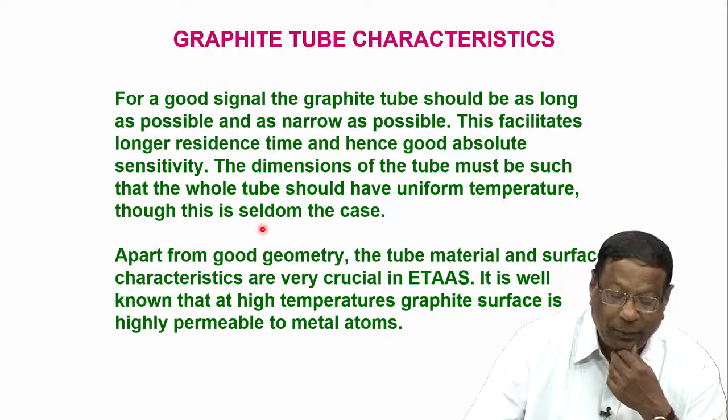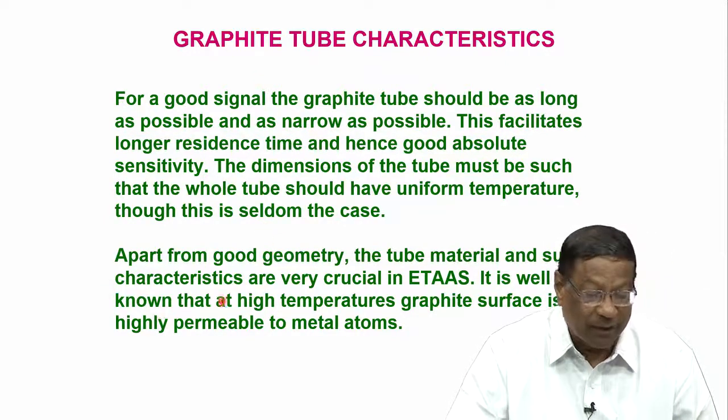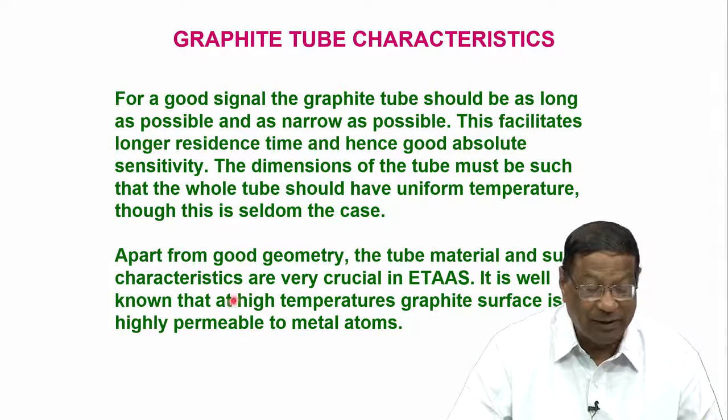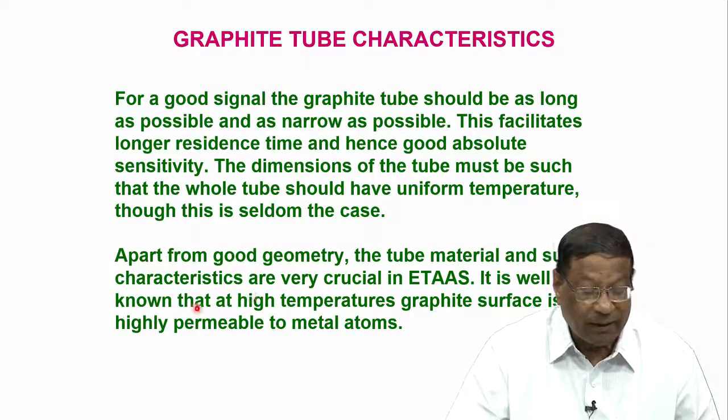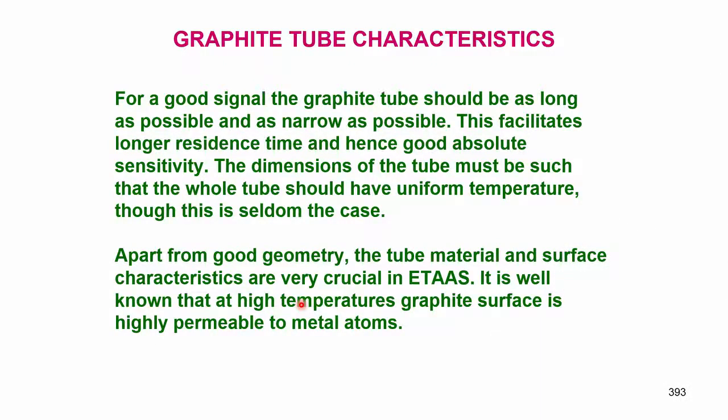Apart from good geometry, the tube material and surface characteristics are very crucial in electrothermal atomic absorption. It is well known that at high temperature, the graphite surface is highly permeable to metal atoms. What does it mean?